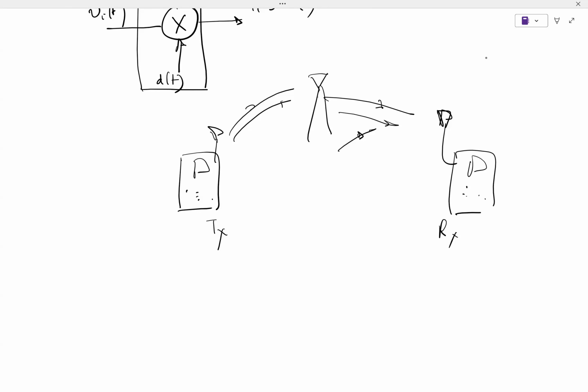As it turns out, if you know the frequency of the waveform, then lambda is easy to find, right? Lambda is essentially c by f. And c, if I assume free space, is 3 times 10 to the power 8 meters per second. And let's say I take f to be 1 gigahertz, which is 10 to the power 9.